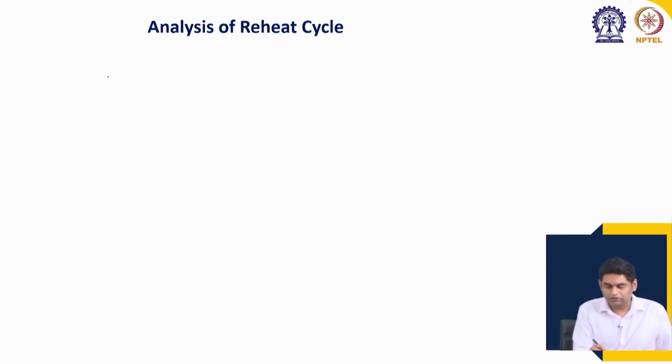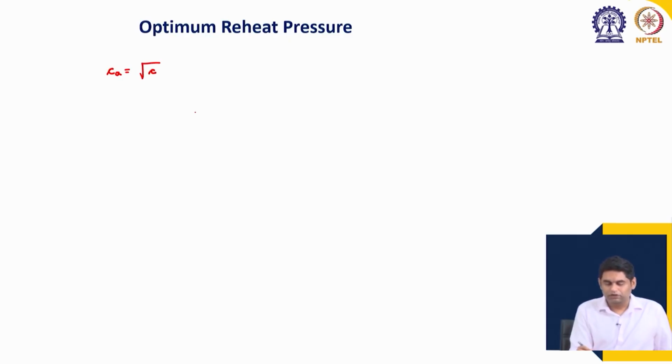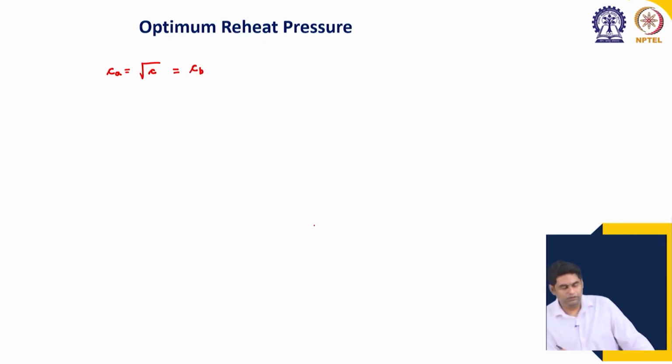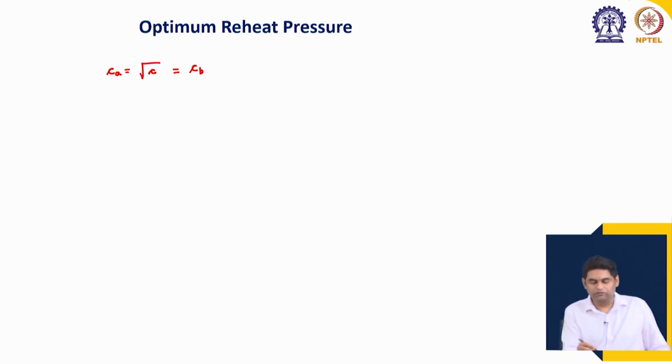Okay. So, this is the condition for which we get the maximum work output. C A equal to root C, which means that C B is also equal to root C, because C A into C B is equal to C. So, each of them is equal to root C. So, what does this condition imply?